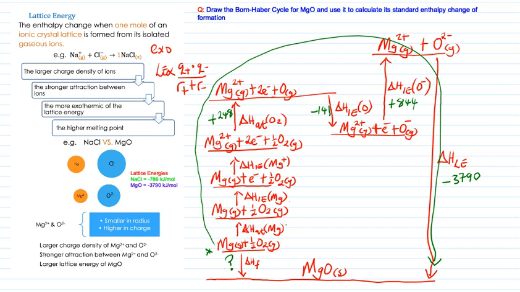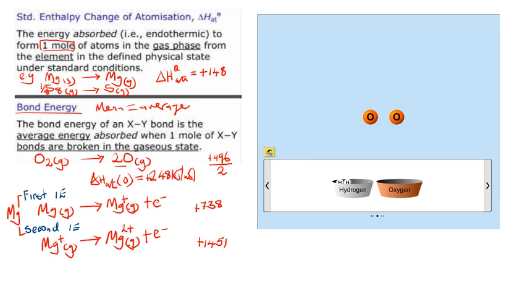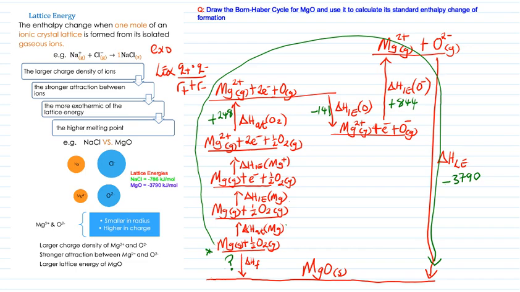Then atomization of magnesium is plus 148.